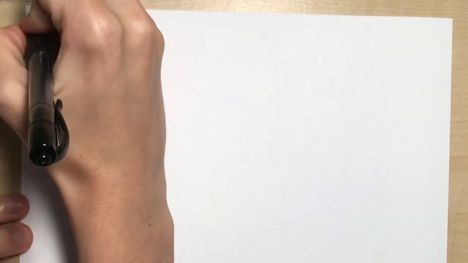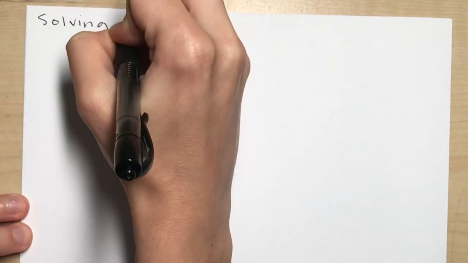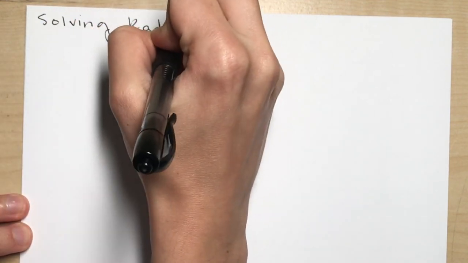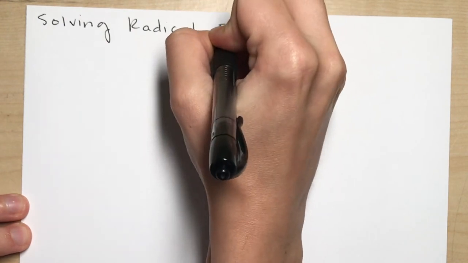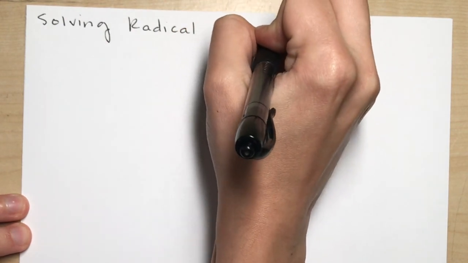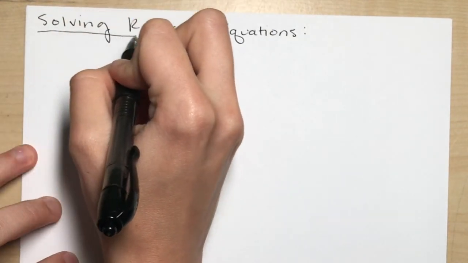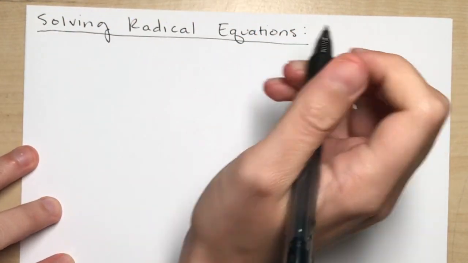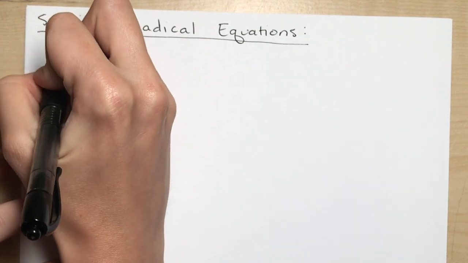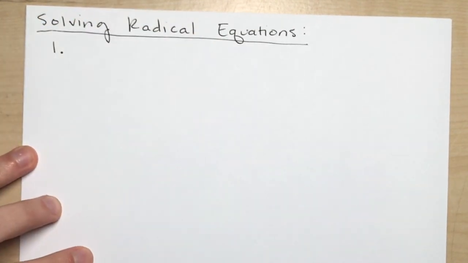Okay, I would like to continue on to talk about radical functions and how to solve equations with them. So solving radical equations, this is going to be very similar to a lot of the stuff we've done this semester.